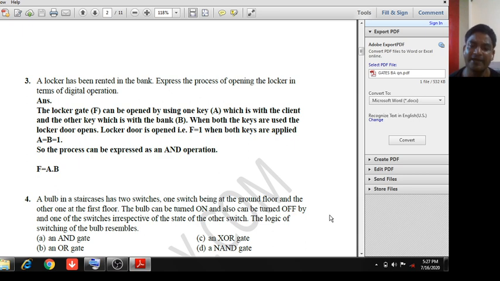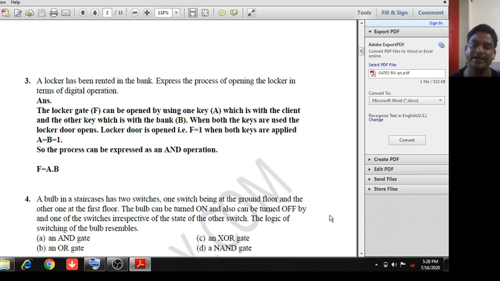What happens: if anyone presses a switch, it turns on. Suppose the first person on the ground floor presses the switch, the light will be on, and in that case the second person on the first floor is not doing anything, so 1 0, output is 1. The same is applicable if the second person on the first floor presses the switch and the person on the ground floor does not press.